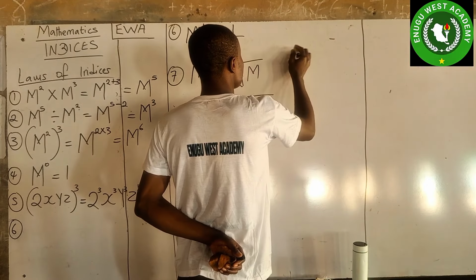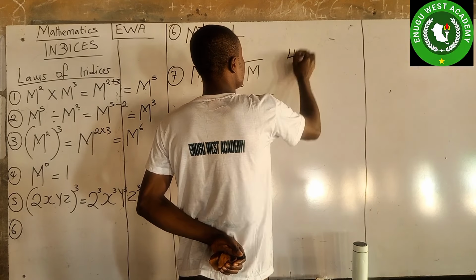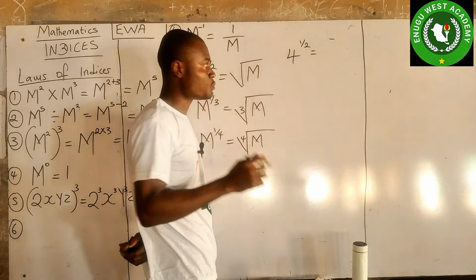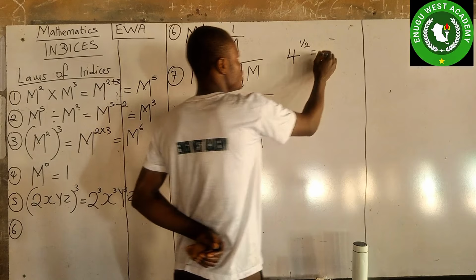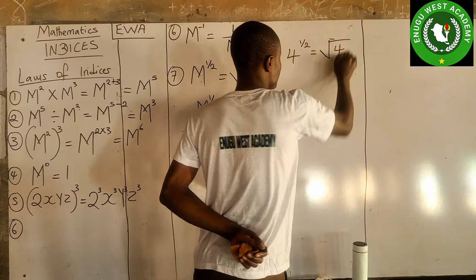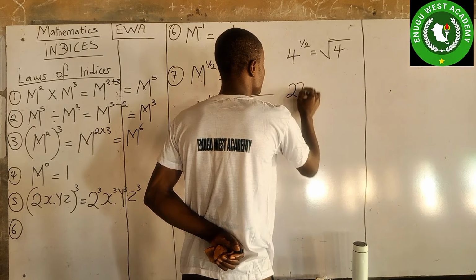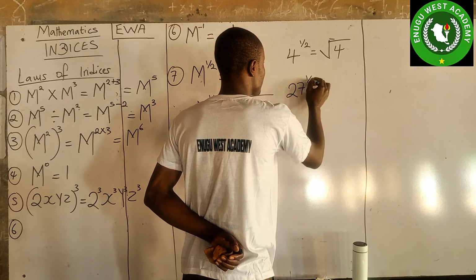Now, for instance, let's use numbers. If I have 4 raised to power 1 over 2, what is here is 2. It means the square root of 4. If I have 27 raised to power 1 over 3, because you are seeing 3, it becomes the third root or cube root of 27.